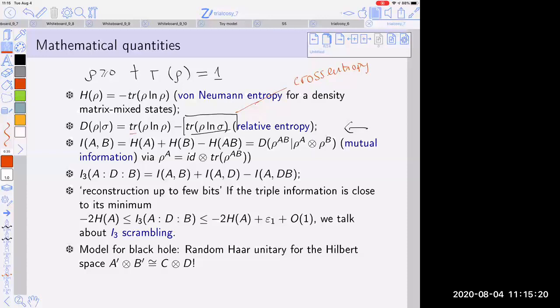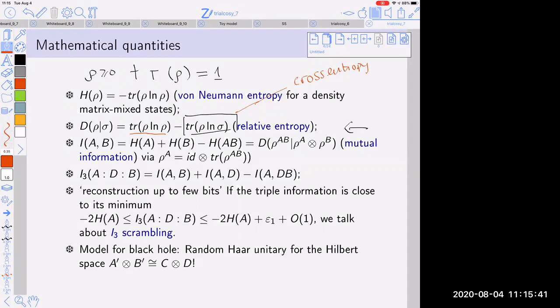You're just adding a fixed number here if rho is fixed and sigma varies. So mathematically, relative entropy is more stable, but you use what you can and have to use for benchmarking, right? So cross entropy and relative entropy are tightly connected.